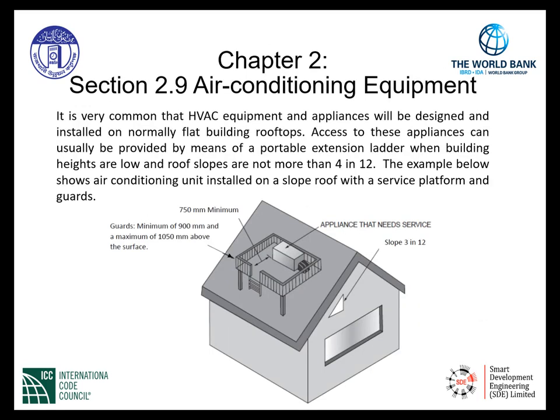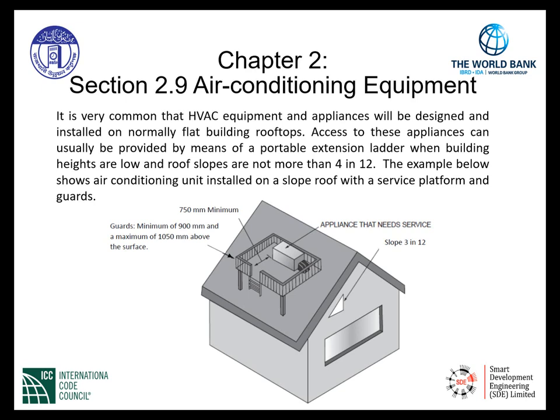It's very common that HVAC equipment and appliances will be designed and installed on normally flat building rooftops. However, access to these appliances can usually be provided by means of a portable extension ladder when building heights are low and roof slopes are not more than 4 in 12. The example below shows an air conditioning unit on a sloped roof with a service platform and guards. As we can see here, this particular example gives us a slope of 3 in 12.